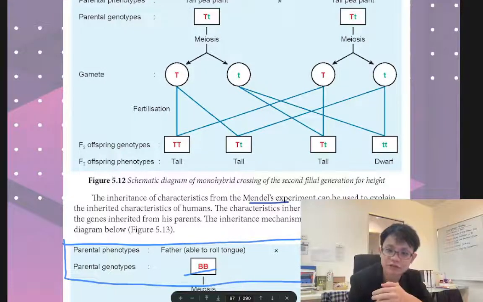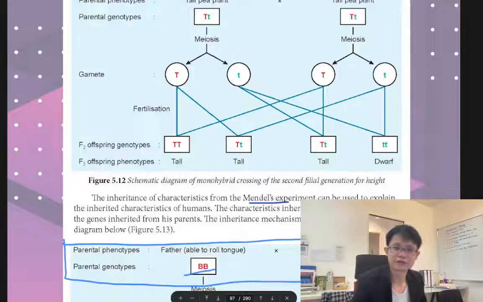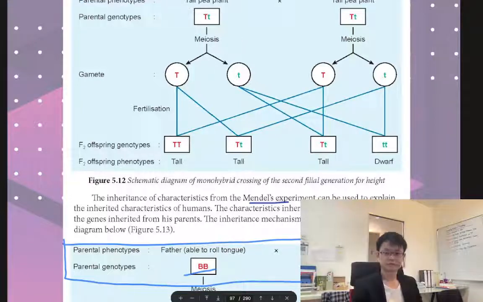What is the ratio? Would you like to pause the video and try to do it? So what is the answer? Can do or not? What are the ratio, or what are the chances that the offspring can roll tongue and cannot roll tongue?